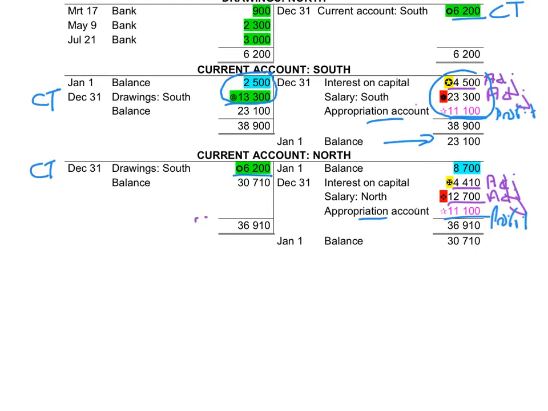In the current account of North, we will also add up the amounts on the credit side to determine how much money is outstanding that must be paid to the partners. We subtract the money that they've already taken as drawings, and that will give us the total outstanding amount.